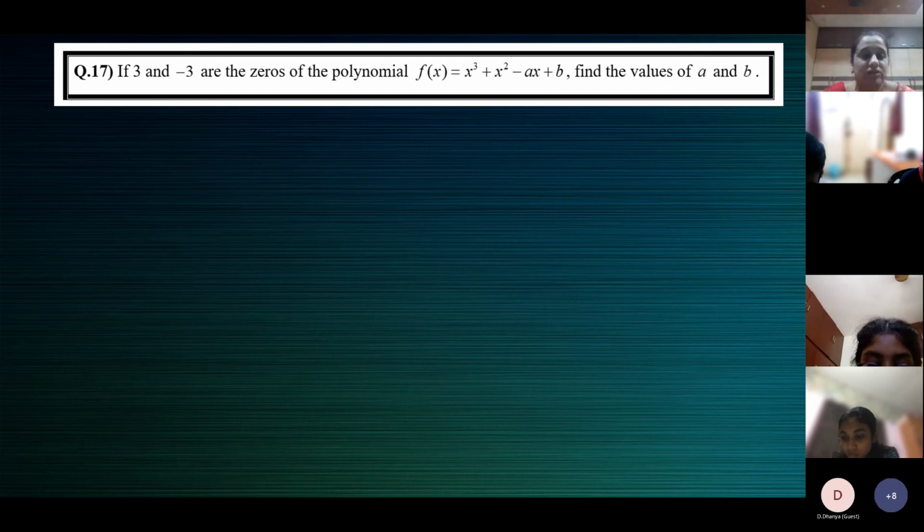If 3 and minus 3 are the zeros of the polynomial, find the values of A and B. So the zeros are given straight away. If 3 and minus 3 are zeros.